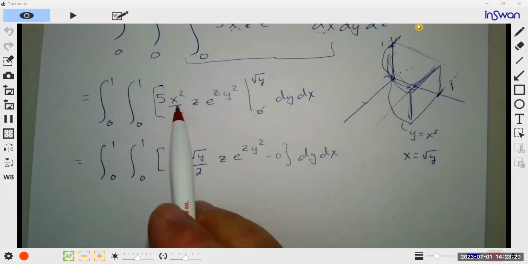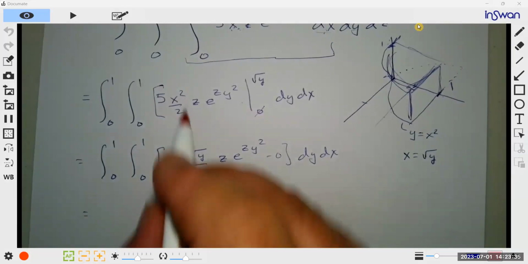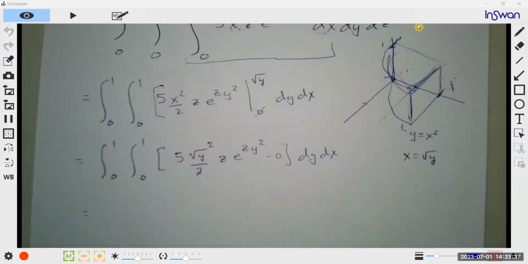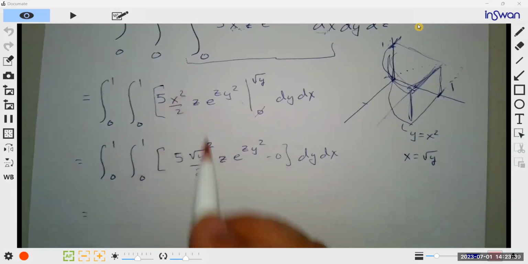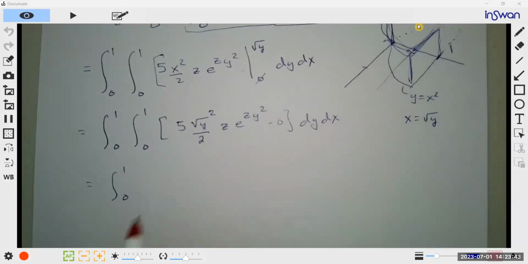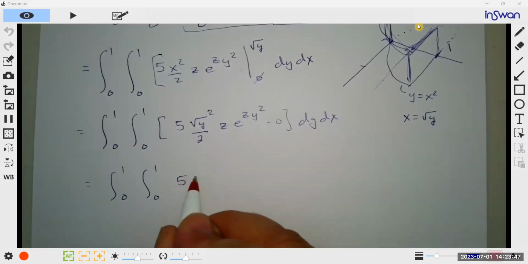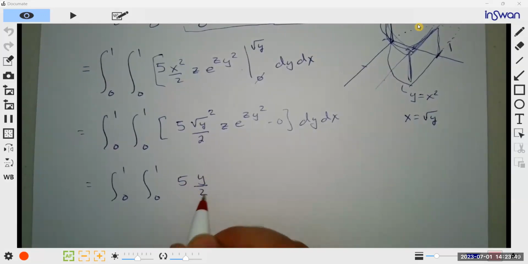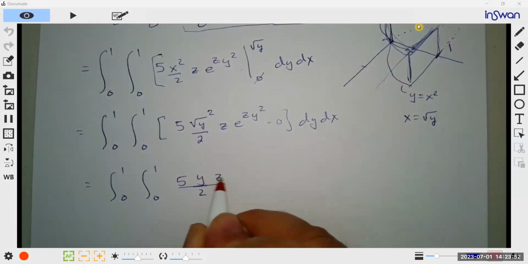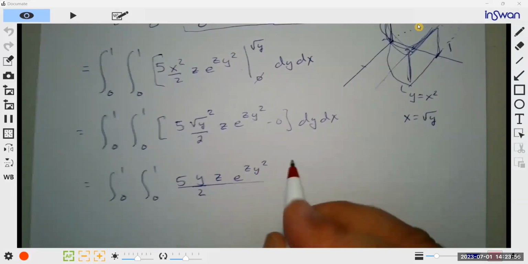If we put 0 in there, the whole thing is 0. It's x squared, right? So that becomes 5y over 2, times e to the power z y squared.